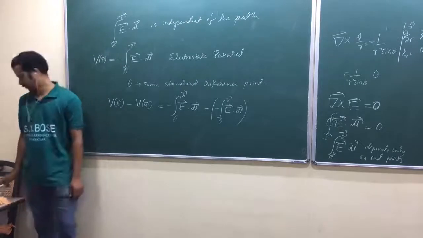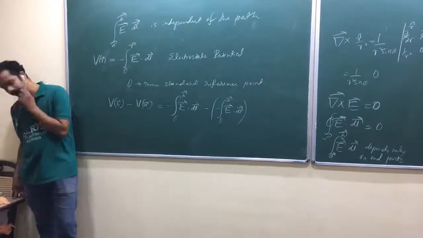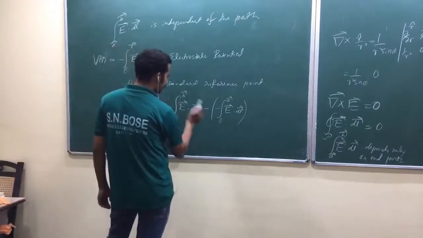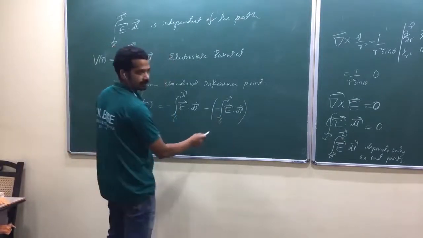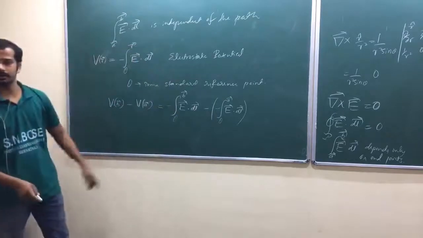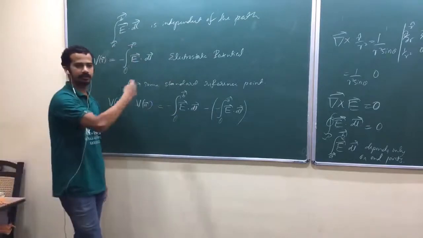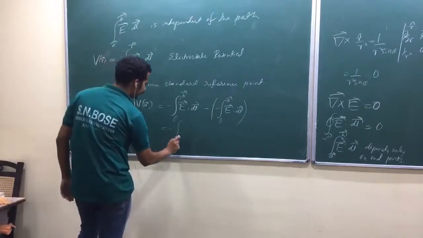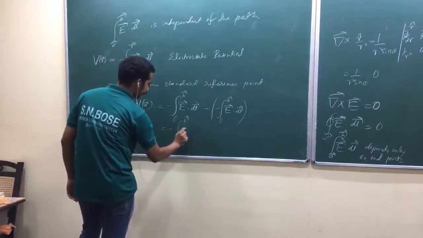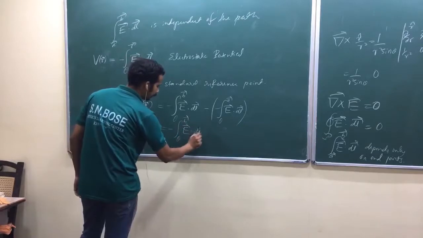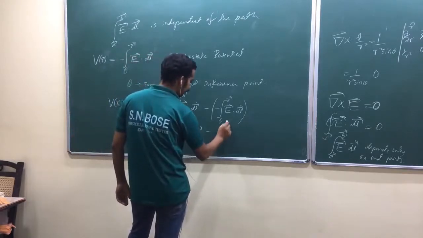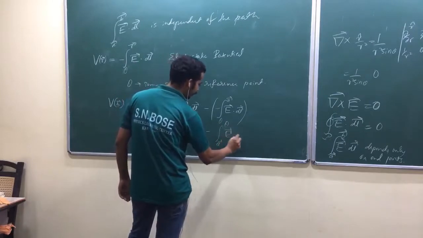Check it out. Now I am going to grab this negative sign inside and invert the limit. Can I do like that? Integral of A to B is equal to minus integral of B to A. So minus integral of O to B E bar dot dl bar, plus integral of A to O E bar dot dl bar.